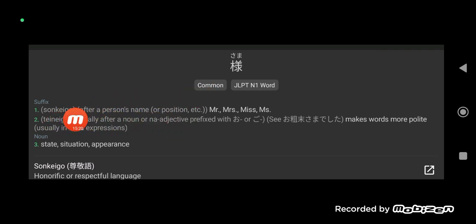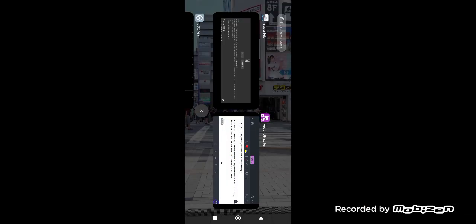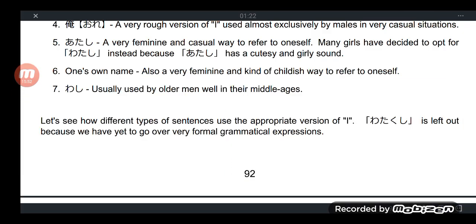You can suffix with sama, or say Abe-sama, or in anime Biru-sama, or if you want to be very respectful to your audience, mina-sama instead of mina-san. But mina-san is just enough. I think mina-sama is very respectful and quite overdoing it. So let's go back to our main reference rather.